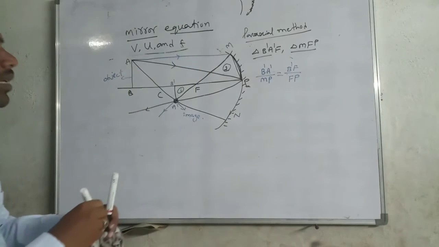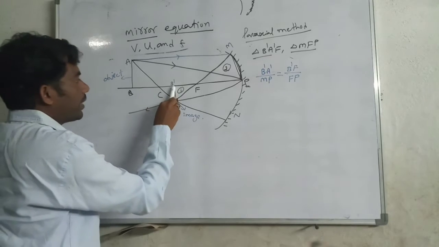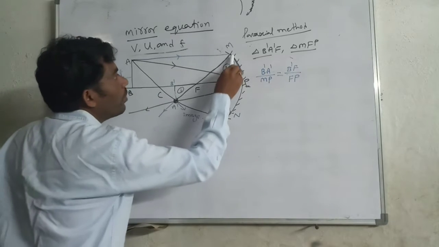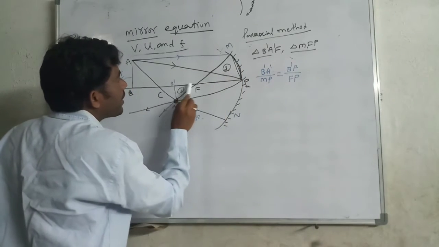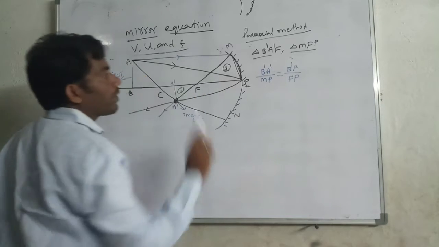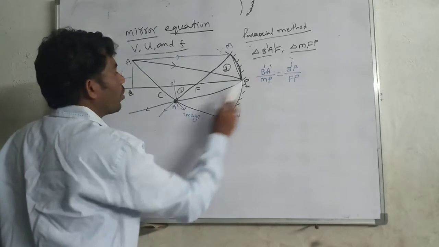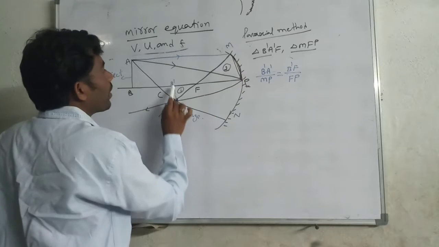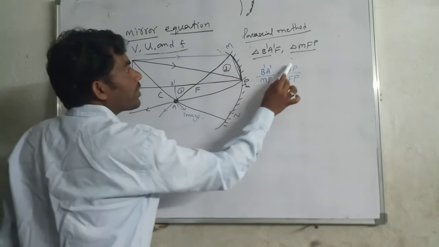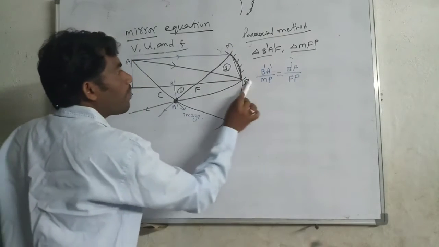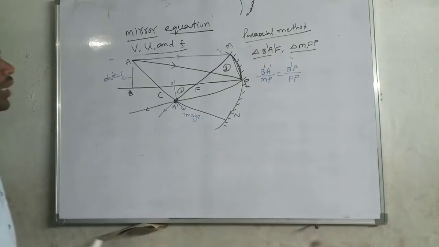This is equal to this one and this is equal to this one. So A dash B dash over MP equals B dash F over FP.